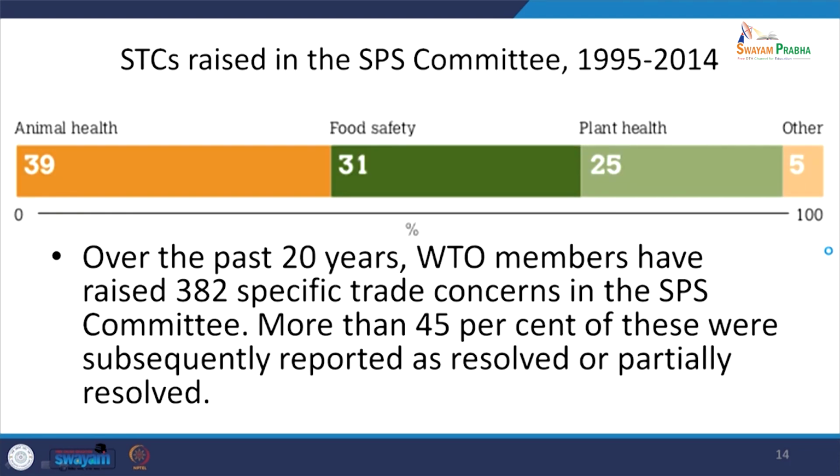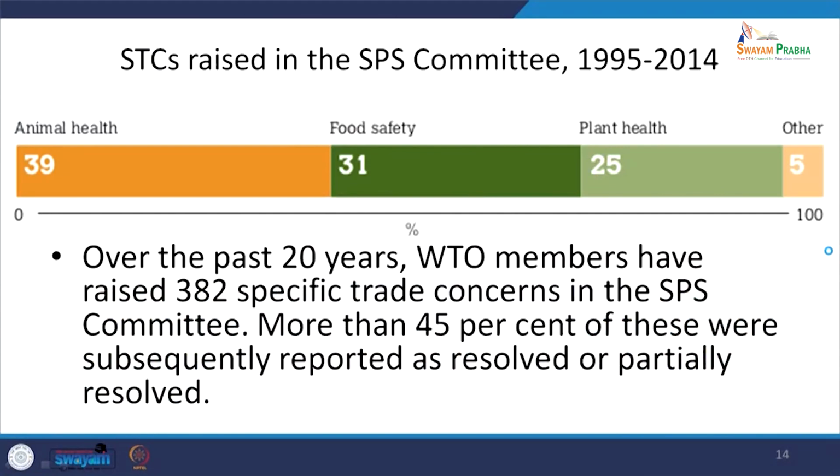Now, so far as STCs, as I already told, specific trade concerns are raised in the SPS committee from 1995 to 2014. Over the last 20 years, as we have counted in the latest data, around 39% are related to animal health.